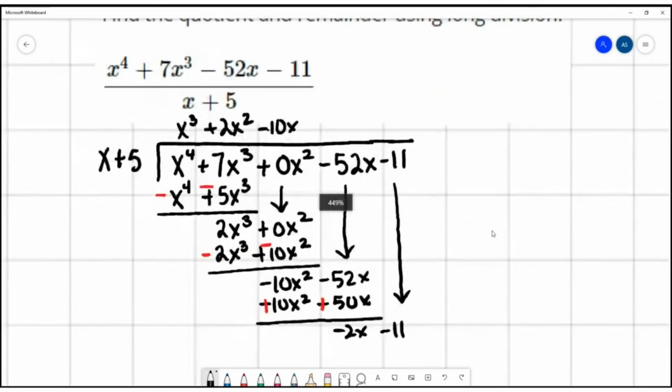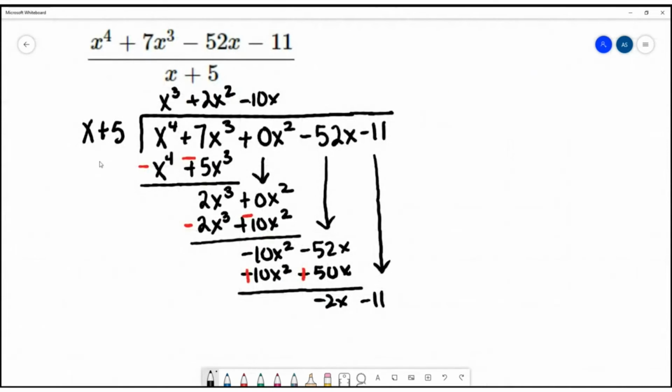We'll repeat the process one more time. Focus on the first term in each one of these. X divides into negative 2x, negative 2 times. Negative 2 times x gives us negative 2x. We're going to multiply that negative 2 times both of these terms and write it down here.